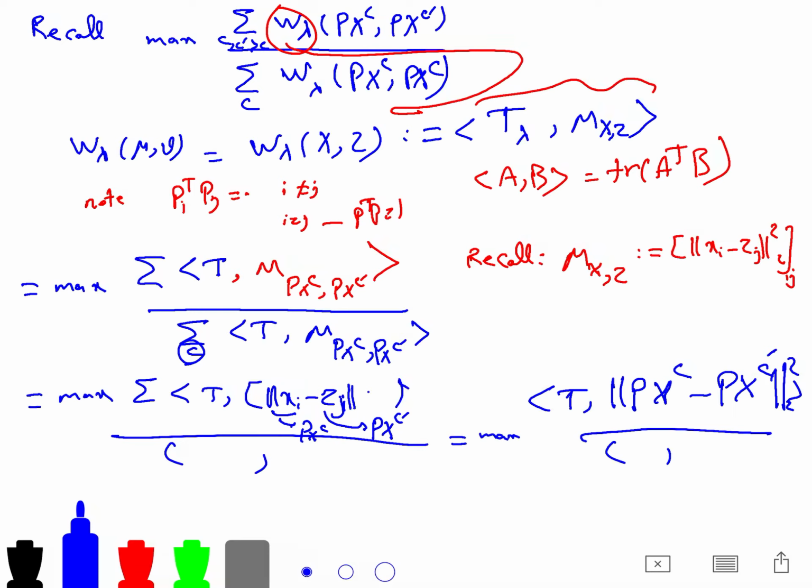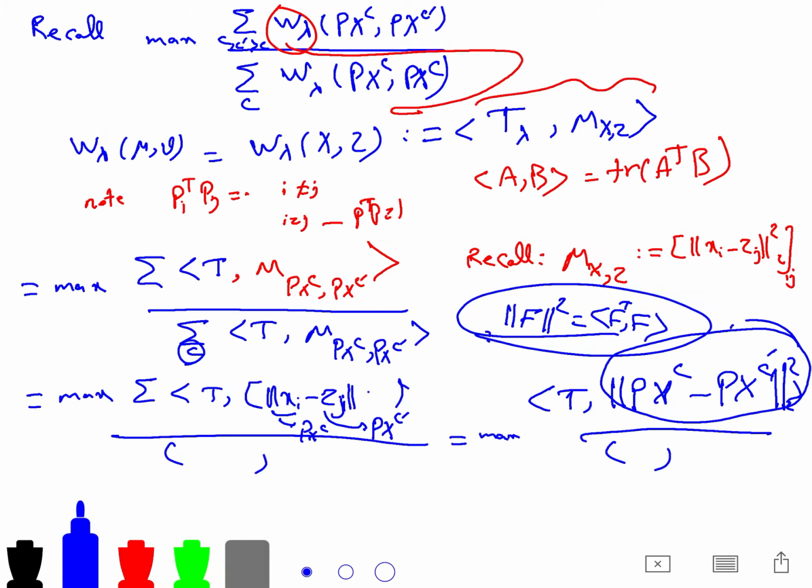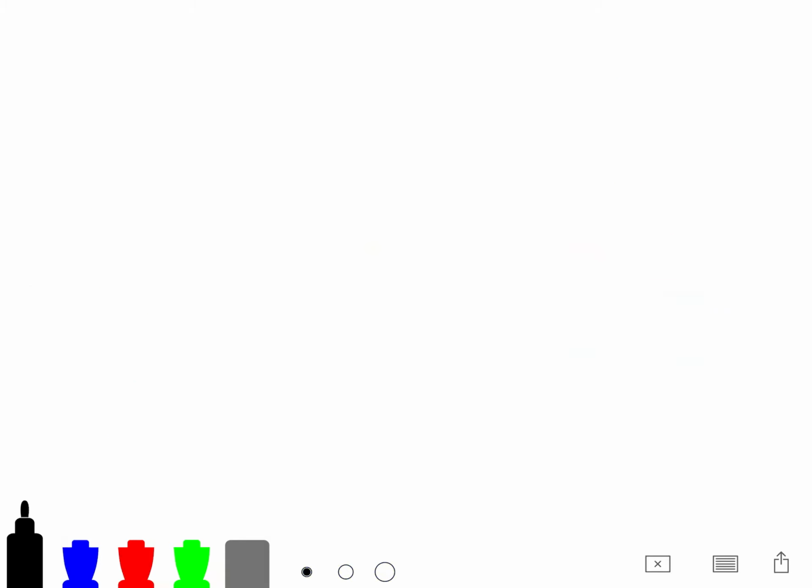But what we are doing is, this is the norm, okay? So the L2 norm of anything, such as F, can be written as F transpose F. So using this in here, I will show you that you can write this as maximize T and Pxc minus Pxc prime transpose.